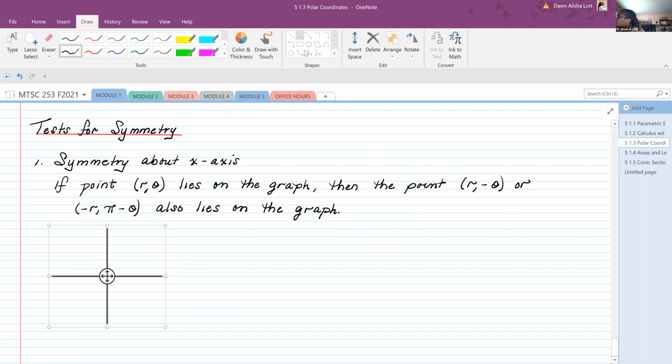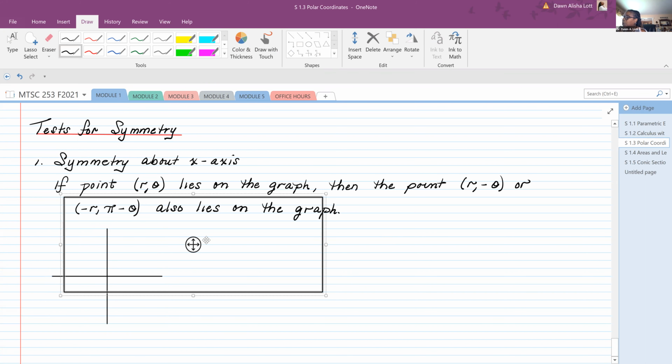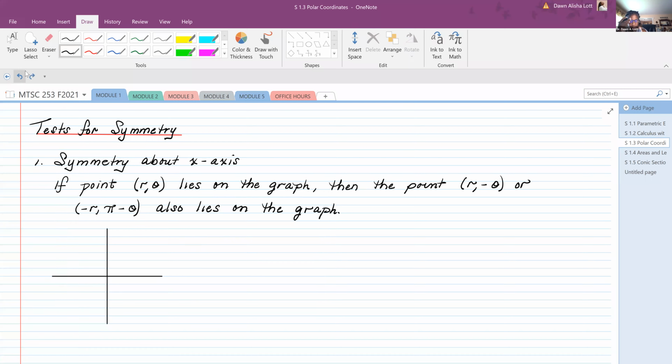Okay. So whatever your, oh, come on now, I don't want that. All right, thank you. So if the point, so here's the point r theta, then this point down here, which is r negative theta, or it could be known as minus r pi minus theta, will be on the graph.